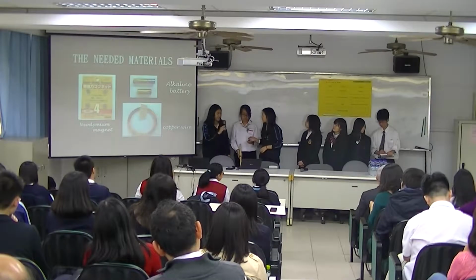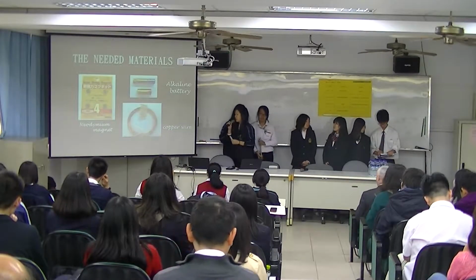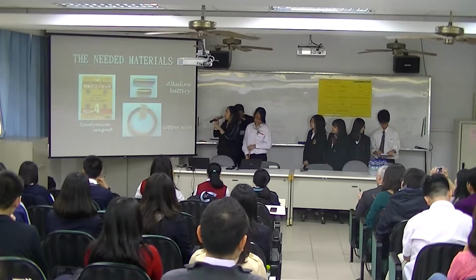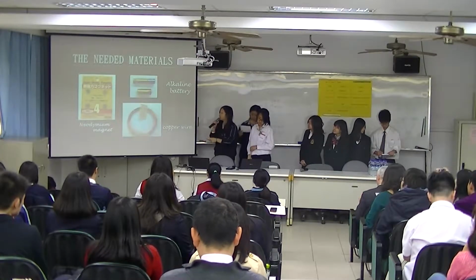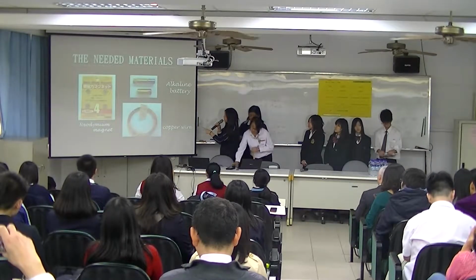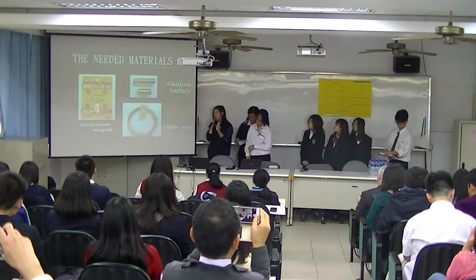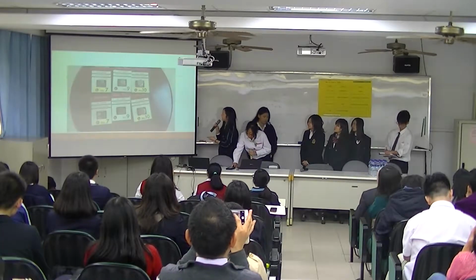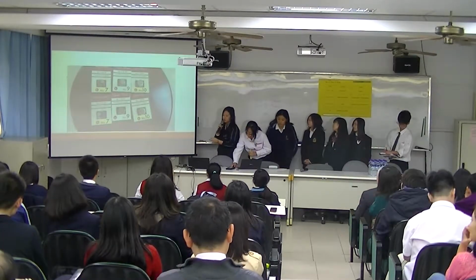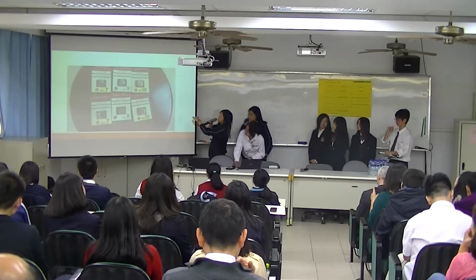And now let's introduce our needed materials. How can we conduct this experiment? We need magnet, battery, and copper wire, and we have many different thicknesses of copper wire. We have different sizes of magnets: number 7, number 9, number 10.